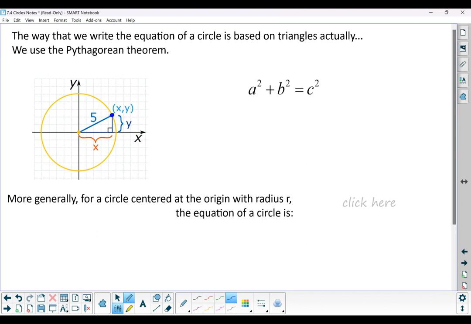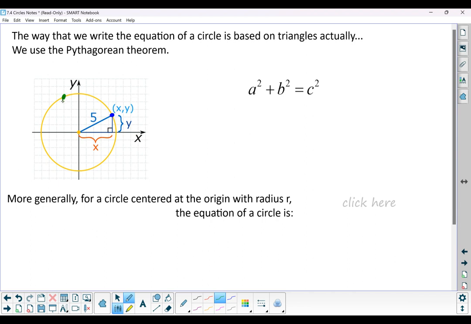For that triangle, the radius of the circle, which for the circle on the screen right now is a radius of 5, is the hypotenuse of the right triangle. And we can think about one of these right triangles for any point on the edge of the circle.